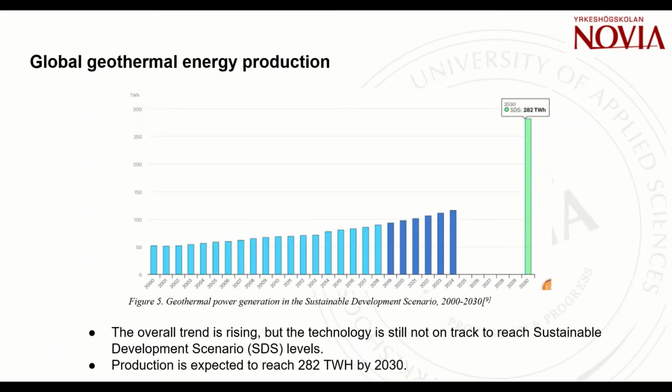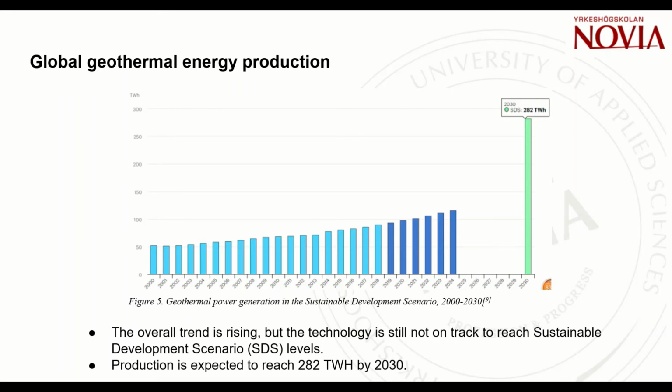As environmental issues drive the widespread use of renewable energy, geothermal energy is very popular as a renewable energy source. Figure 5 is the geothermal power generation in the Sustainable Development Scenario for 2020 to 2030. It can be seen according to IEA statistics.